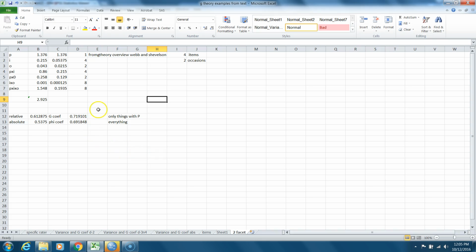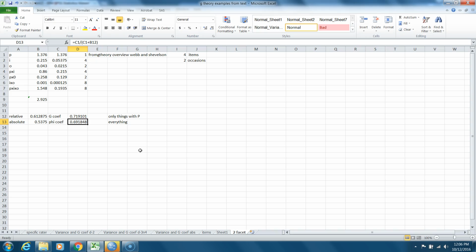I took the variance components from the text and just did some calculations. In this case, you can see that I take everything that is absolute in the denominator, and here everything that is relative in the denominator.